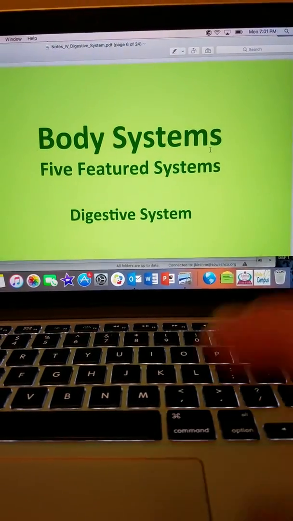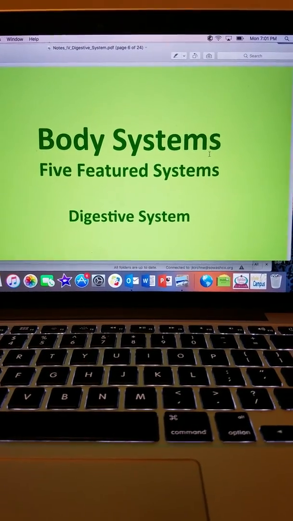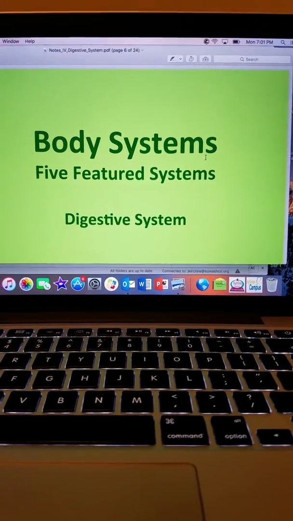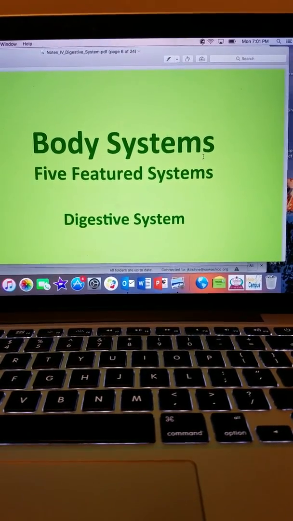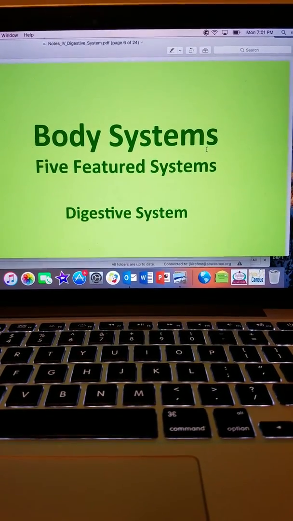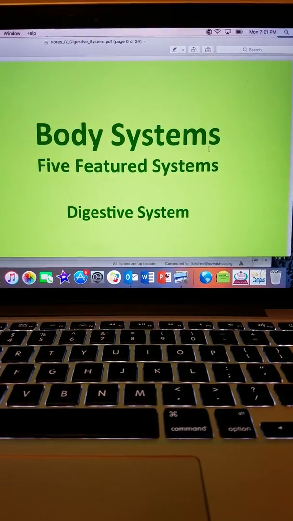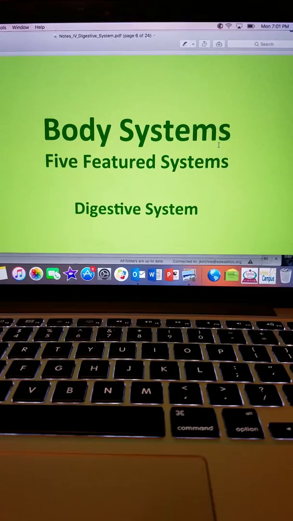Now, your homework for tonight, as always, it depends on the student, is to get to a high yellow or green, whatever that means. Red, yellow, green, cross things out, repeat it. I am here in the morning if there's something you don't understand. So please take time to interact with your notes. Work on your vocabulary visual. I can help you and give you a hint for this one. Digestive system.